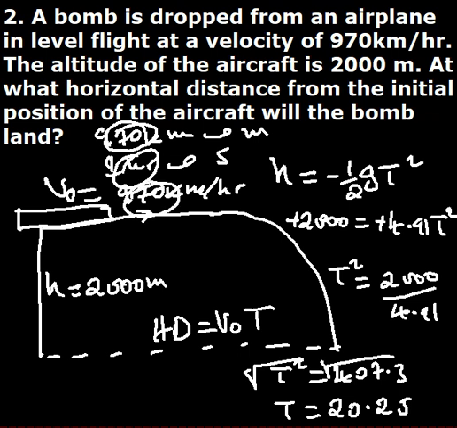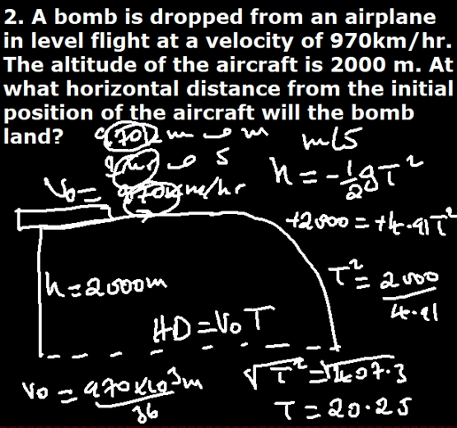The launch velocity in meters per second is 970 times 10 to the power positive 3 meters, since a kilo is 1000, divided by 1 hour in seconds, which is 3600 seconds.